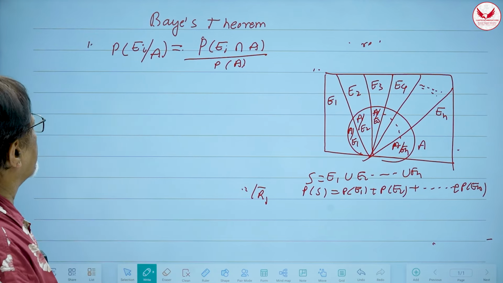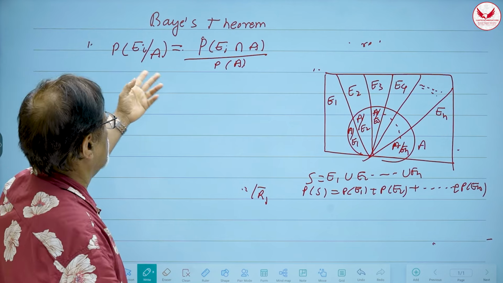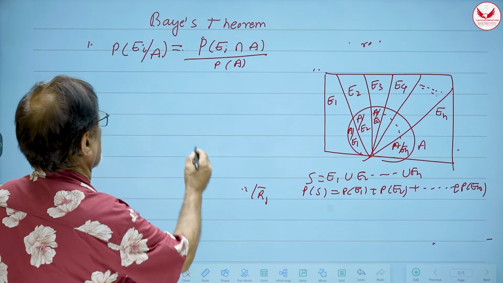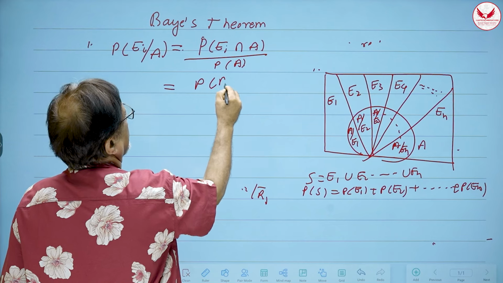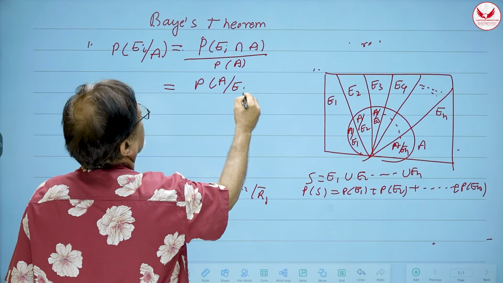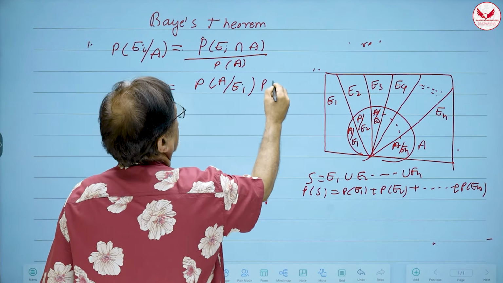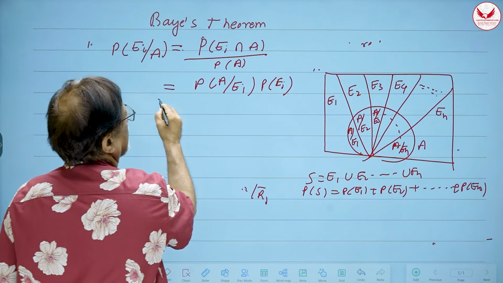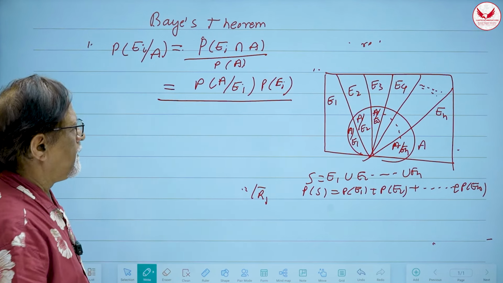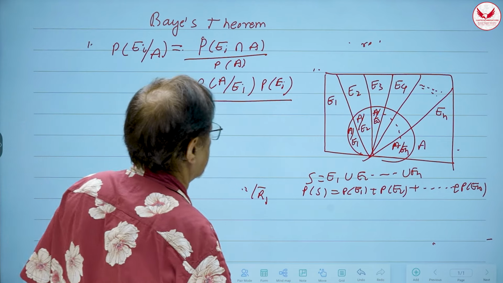So probability of Ei by A, I am interested in reversing it. So what I did in that problem, I am going to do here also. So I am going to write in the reverse order, probability of A by Ei multiplied by probability of Ei. Correct? Now I know that P of A is divided into so many parts, right?